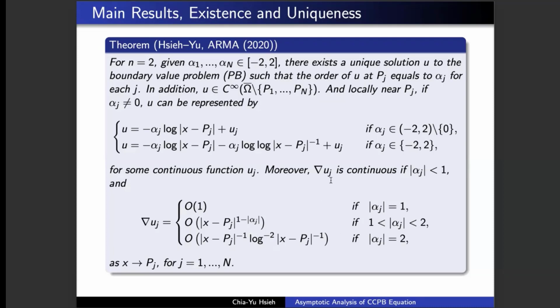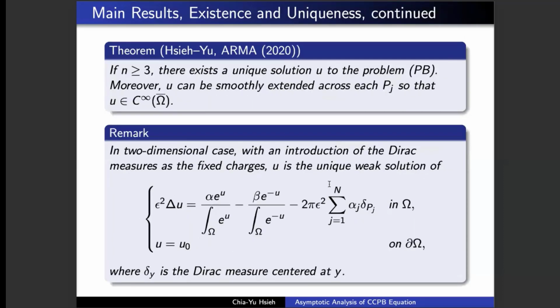We can conclude that U_j is indeed an H1 function in this case. As for the high dimensional case, n greater than or equal to 3, because all the singularities are removable, this is just the same as the case without fixed point charge.